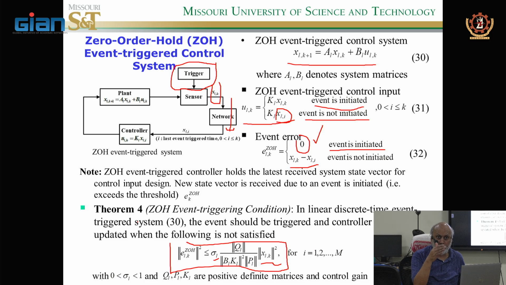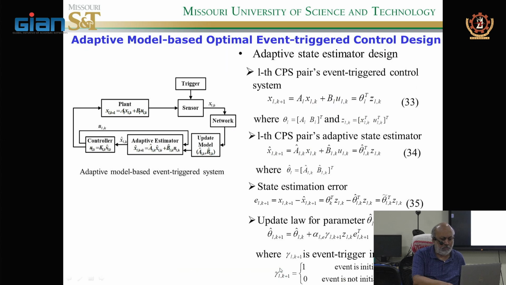Here you are sampling based on whether the system becomes unstable or not. This is mathematically driven. These values Q_L, B, and K, the gain matrix, P. So this is basically the event-based sampling.